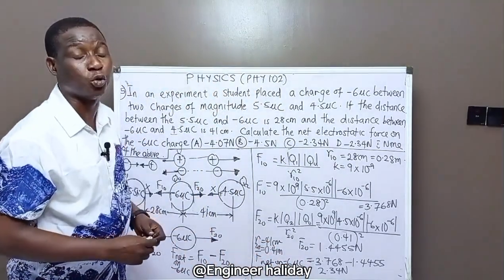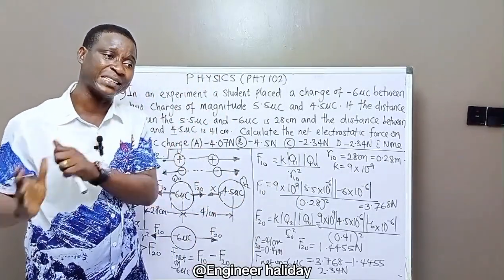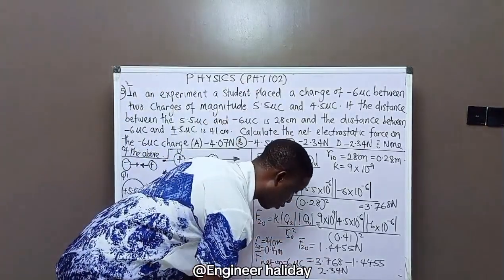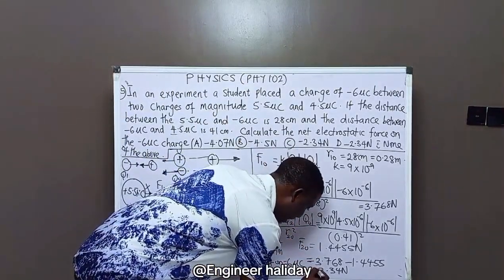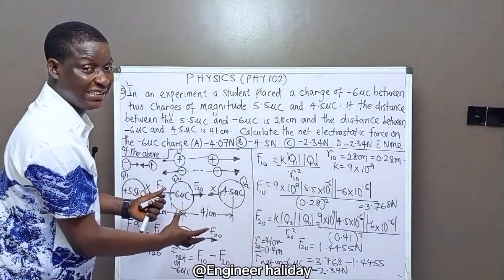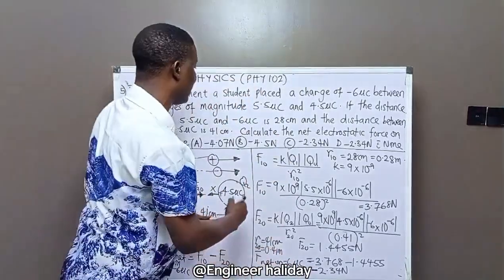Because magnitude has to do with only the value, no negative sign, no positive sign, so you have to take absolute of whatever comes. Otherwise our answer will carry minus sign. Don't forget, if repulsion dominates the system, it will be plus sign. So that is what will be our answer.